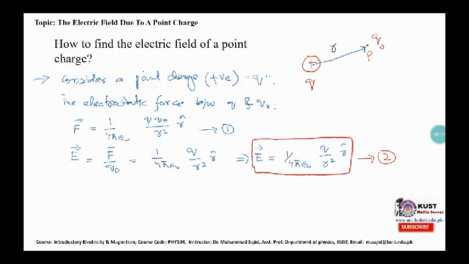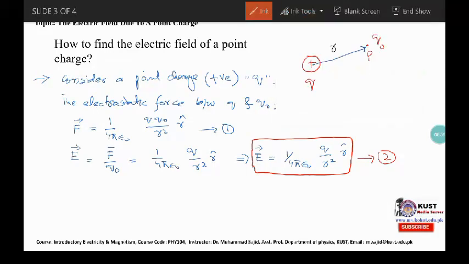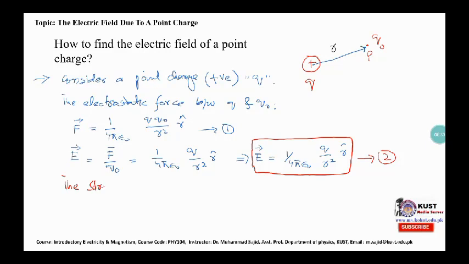If we write the magnitude of the electric field, or the electric field strength, magnitude of E, you can do that by simply taking the mod.